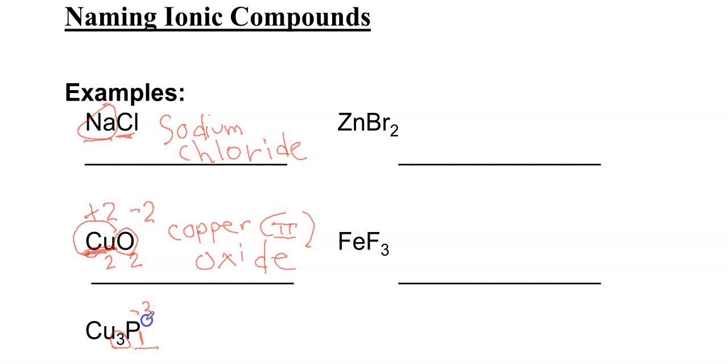Phosphorus has a -3 charge. So that means this copper must have a +1 charge. So when they crisscross, that 1 would go over here, and the 3 would go over there. So this one is copper 1 phosphide.